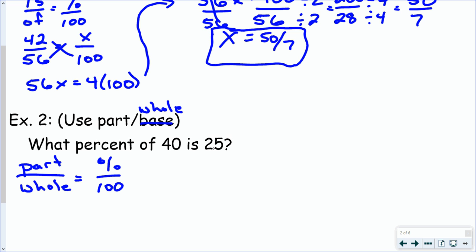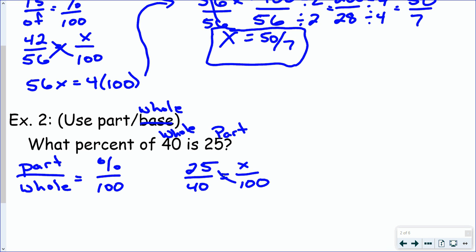So 25 is part of the whole amount, which is 40. This is going to be my part, and this is going to be my whole. Plug in 25 for the part, 40 for the whole, and again, we're trying to find the percent.